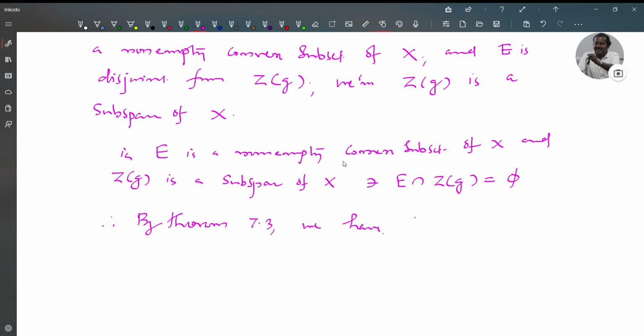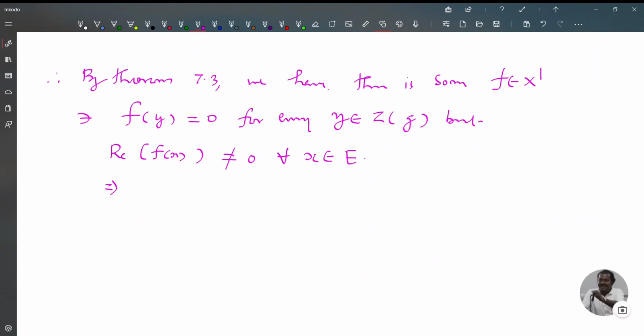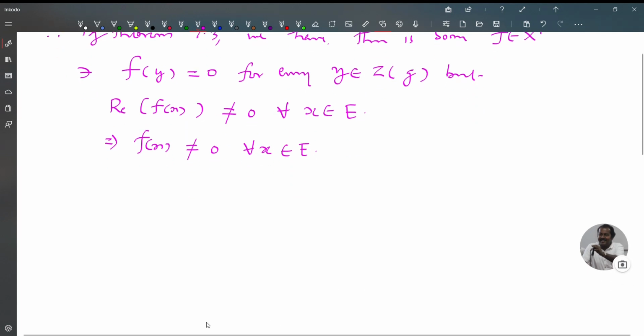there is some f in X* such that f of y equal to 0 for every y in the zero space of G, but the real part of f of x is not equal to 0 for all x in E. Which implies f of x not equal to 0 for all x in E. Now we have a belongs to E, therefore f of a not equal to 0.